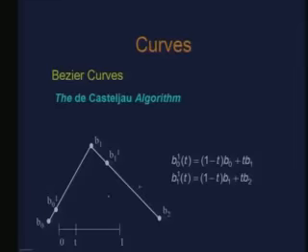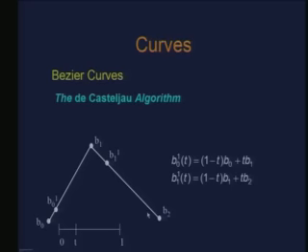Which basically means that if I apply a linear interpolation onto the leg or span of the Bezier polygon, let us say for this leg, I get the point B10 somewhere there.